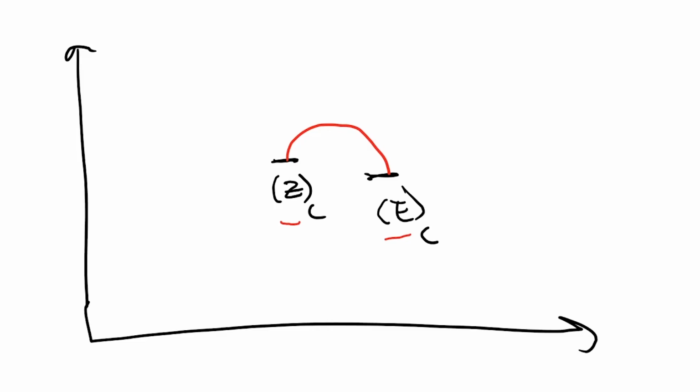Given this, how are we going to explain any difference in product formation? We would propose that the product formed, the E olefin, is more stable compared to the Z olefin.